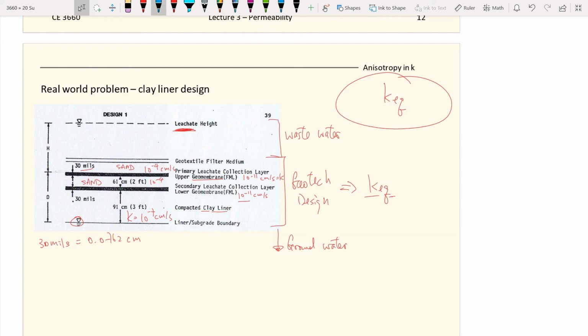The water you have now is right here, and you want it to go down this way. According to this scenario, the direction of the water is across all the bedding, because the bedding is the interface layer between different types of soils. So this time you are across the bedding.